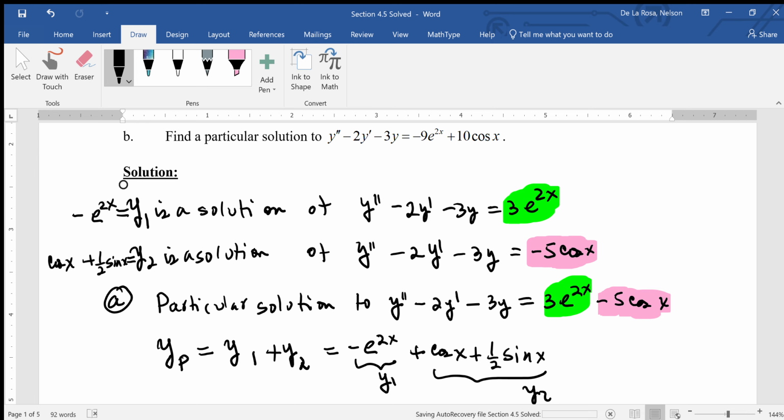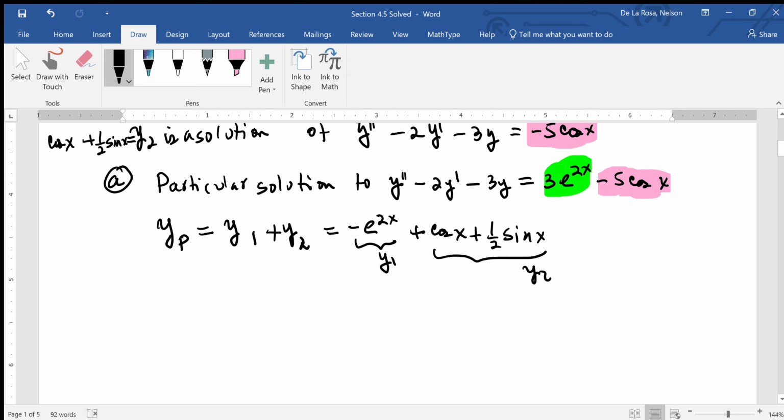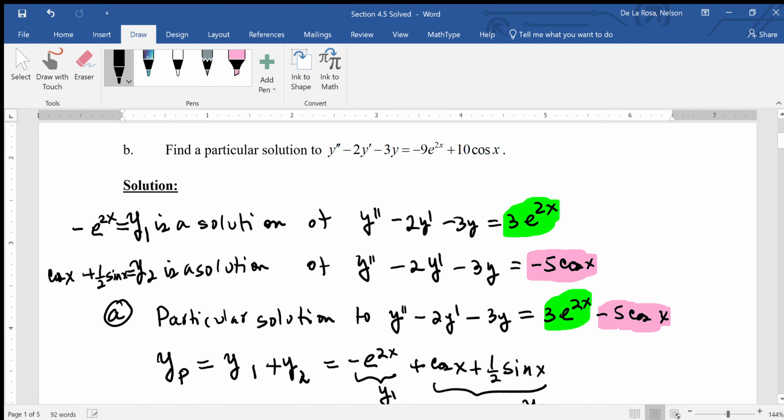Okay, now we have a second example. We have example B. In example B, we have to find the particular solution y2. The left part of the equation is exactly the same.